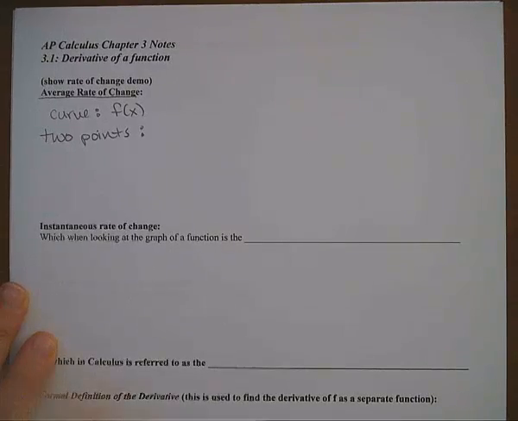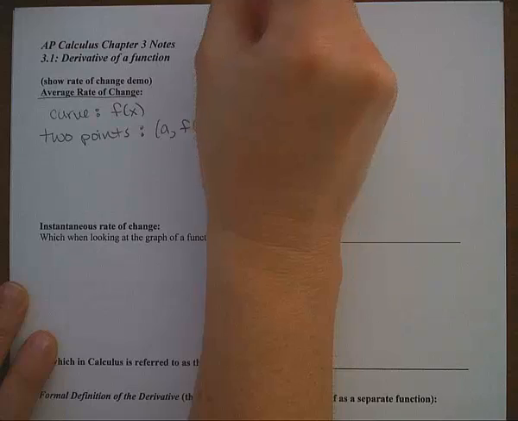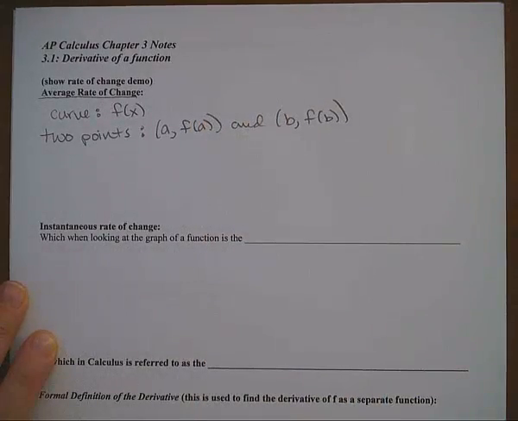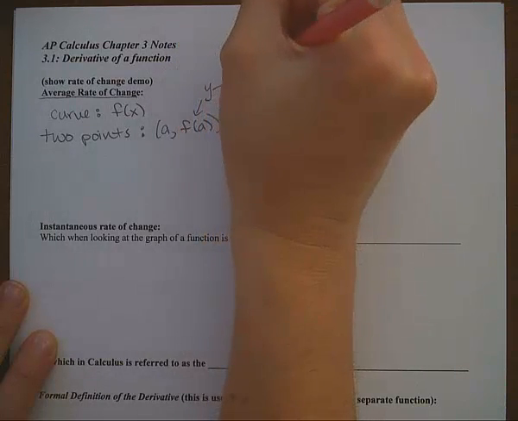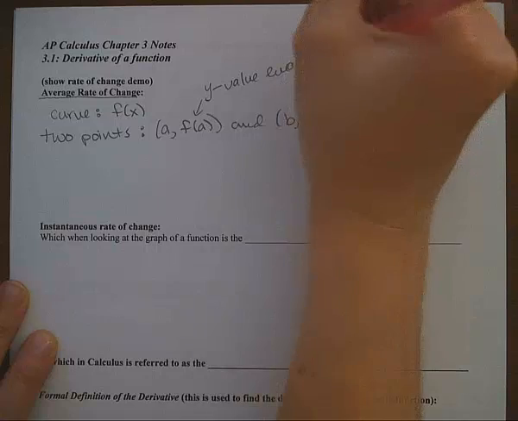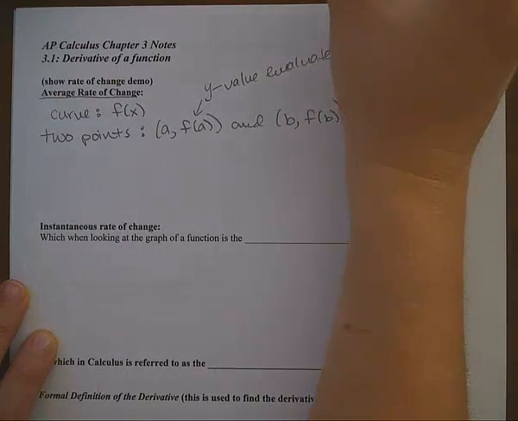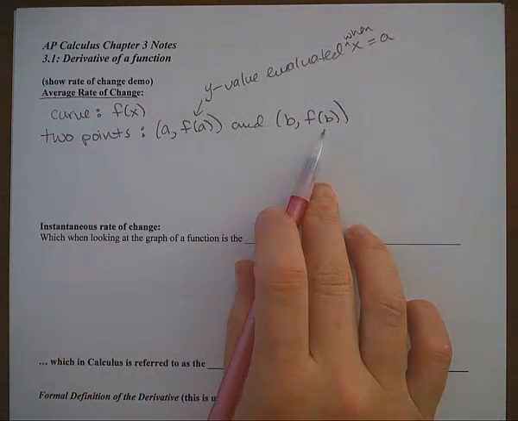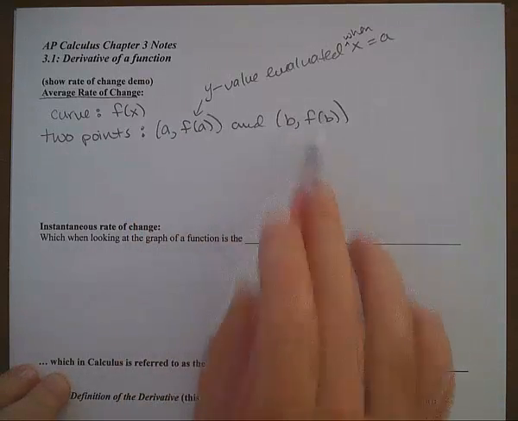So let's go ahead and call those 2 points A, comma f of A, and B, comma f of B. So f of A is just the y value evaluated when x equals A. And f of B is just the y value evaluated when x equals B. So x comma y, x comma y.